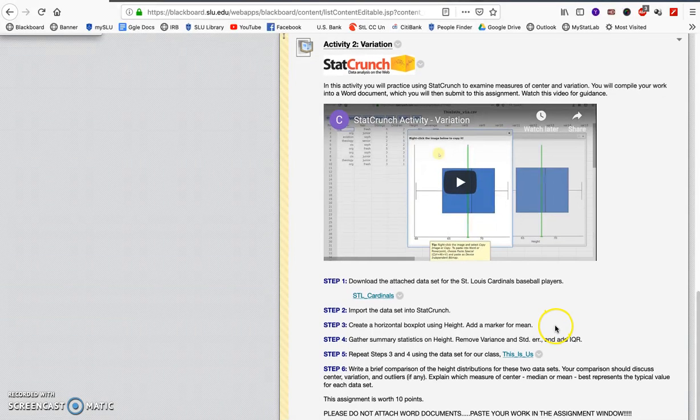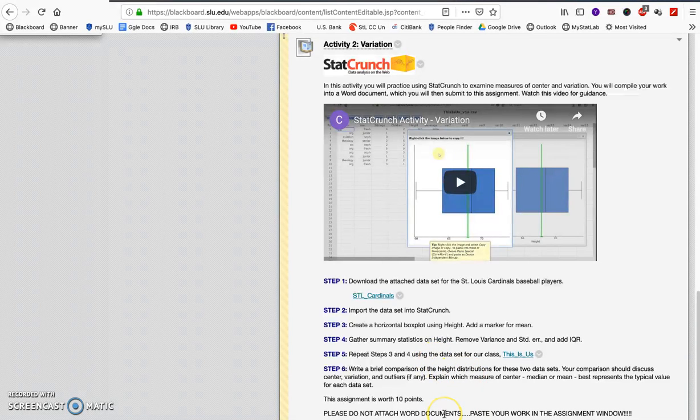And then ultimately you're going to describe the differences in terms of the summary statistics that you get for height across the 2 different samples. So what does height look like for the Cardinals versus what does height look like for This Is Us? And then I'm going to ask you to compare the mean and the median. So make sure that you get that done.